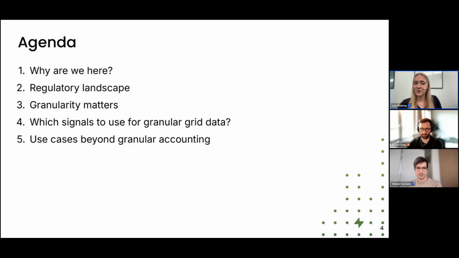Then finally, we're going to dive into which signals to use for granular grid data and go through some use cases beyond the granular accounting space. And talk about what other cases there are, what things you can do with granular grid data, and what value you can unlock. So without further ado, let's get started. Ollie, you can take the stage. I'll hand it over to you.